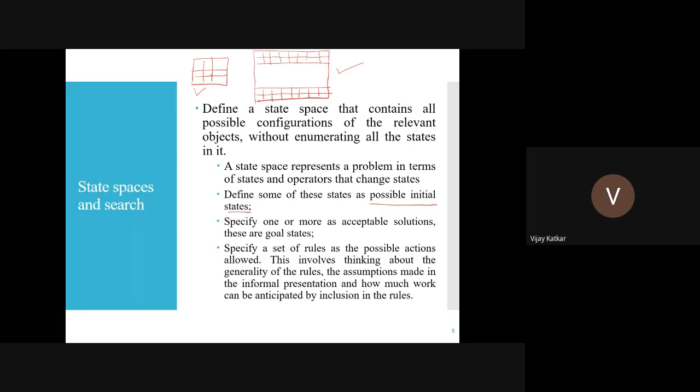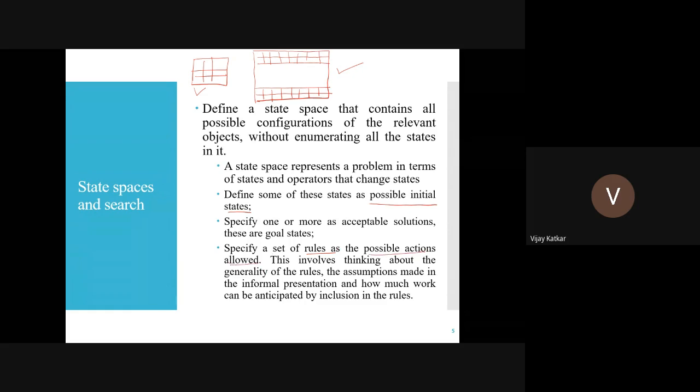Meaning what? In tic-tac-toe you can do only one movement at a time. In chess, what are legal moves? If you want to move a pawn 3 steps ahead, can you move? No. If you want your rook to move in a diagonal direction, can it be done? No. So you are defining rules which say which actions are possible and which are not.